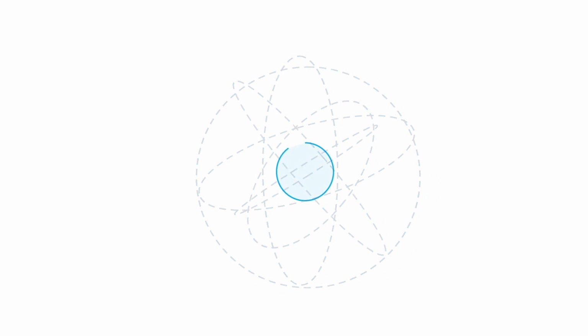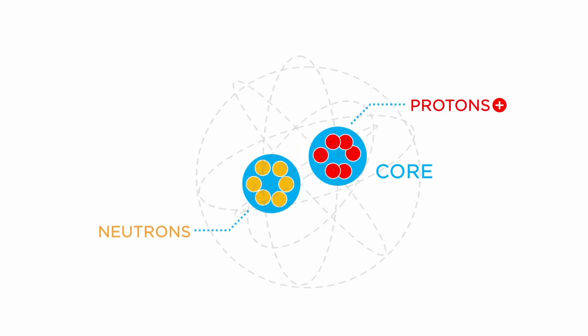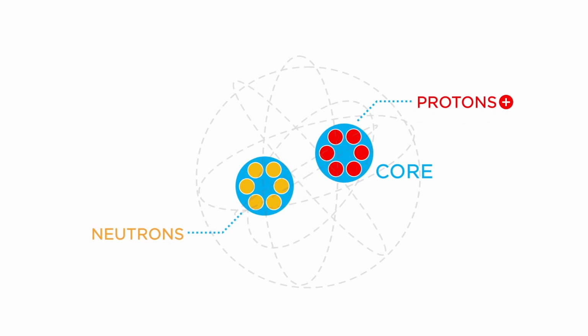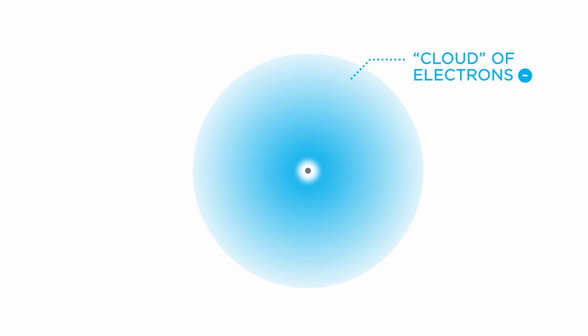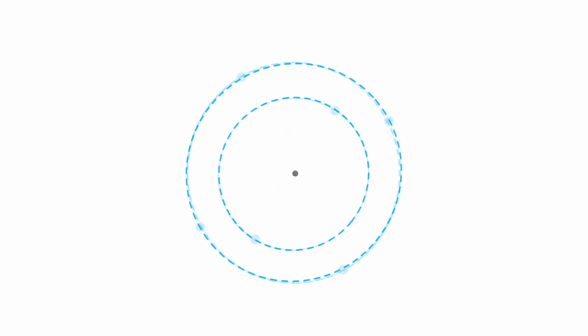An atom is the smallest recognized division of a chemical element and consists of a central core, with protons, positive charge, and neutrons, no charge. Surrounded by a cloud of electrons, negative charge. The properties of each chemical element are defined by the atom's nucleus and by the way electrons distribute in layers around it.